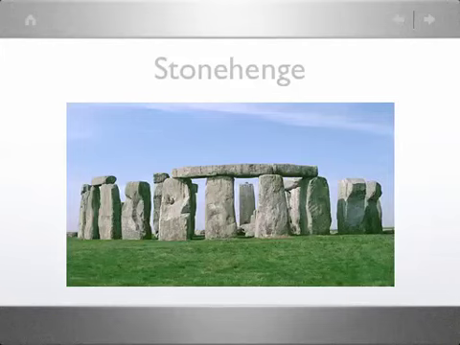It's generally believed now that Stonehenge was used as some sort of a sundial almost, that came into play at the summer solstice and the winter solstice.